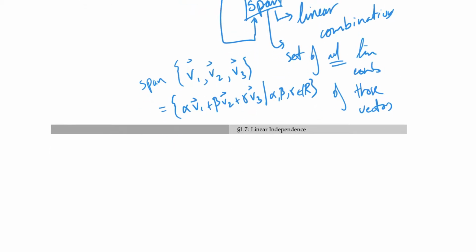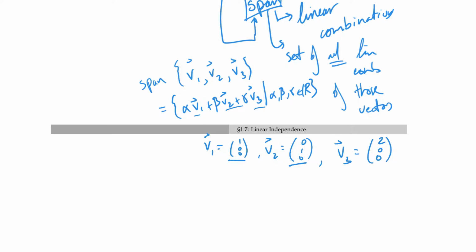So it appears that I have, in a sense, three directions here. But that's foolish, because take, for instance, v1 equals 1, 0, 0, v2 equals 0, 1, 0. So here I'm going the x direction, here I'm going the y direction, and v3, I go in the x direction, but I just go twice as fast.